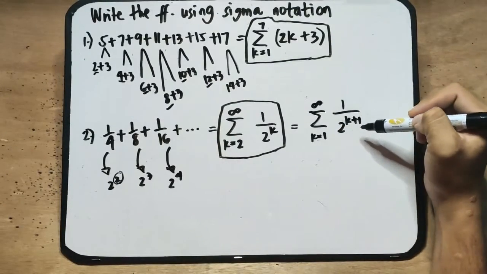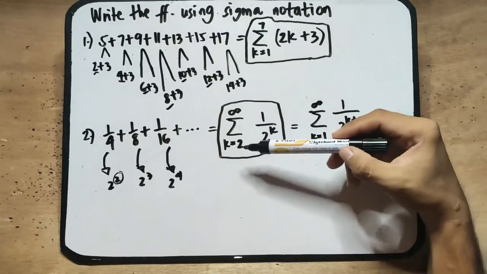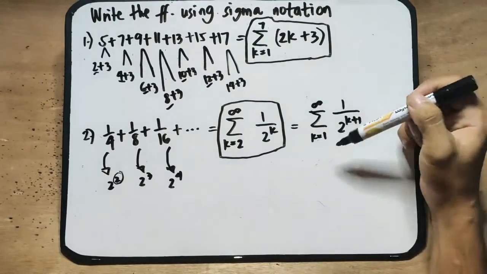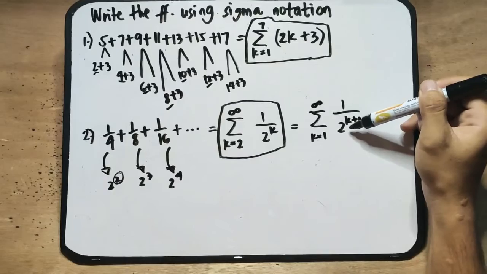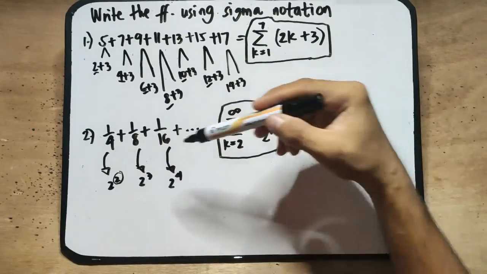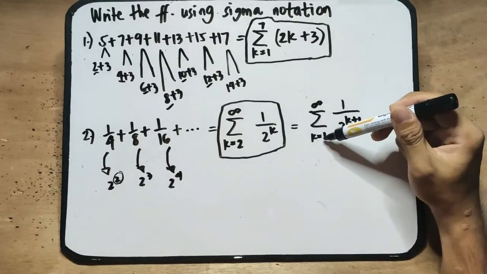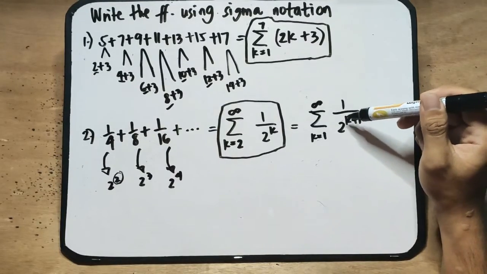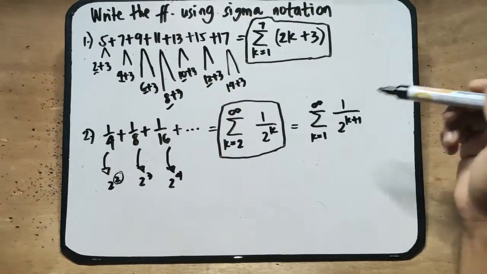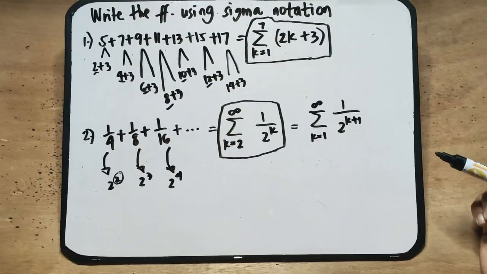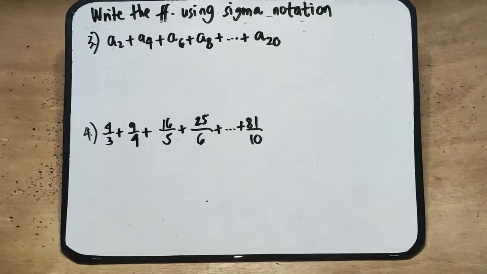Okay, acceptable din ito kasi as you can see, na-change yung kanyang lower limit. Kapag k is 1, we have 1 plus 1 is 2, 1 all over 2 squared is 1 all over 4. Kapag 2 yan, if k is 2, 2 plus 1 is 3, 2 cubed is 8, so 1 all over 8. Same lang din sila. Okay, so, again, hindi lang isa yung sagot dito, maraming possible answer.